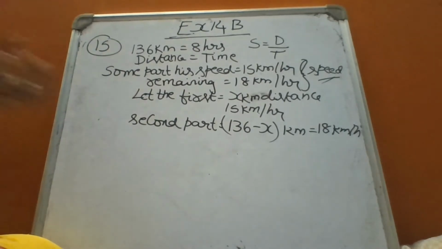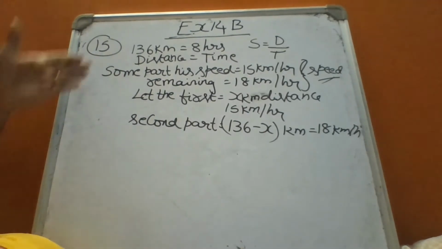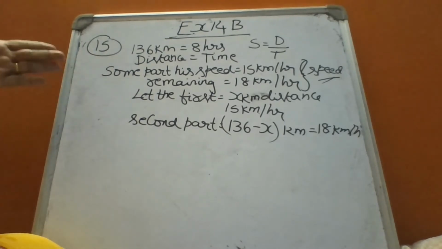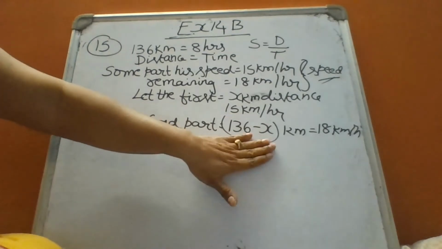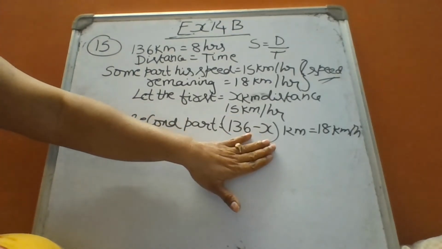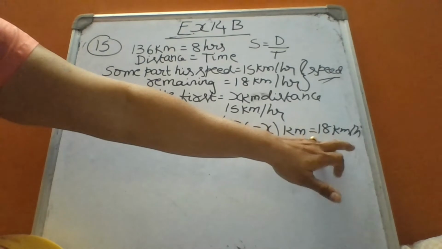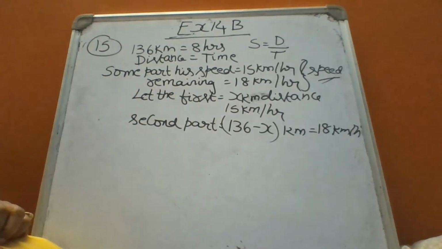That distance we do not know, that is why we have taken it as x kilometer. And the remaining part of the distance, because the total distance is 136 kilometer, will be 136 minus x kilometer, that he has covered with the speed of 18 kilometer per hour.